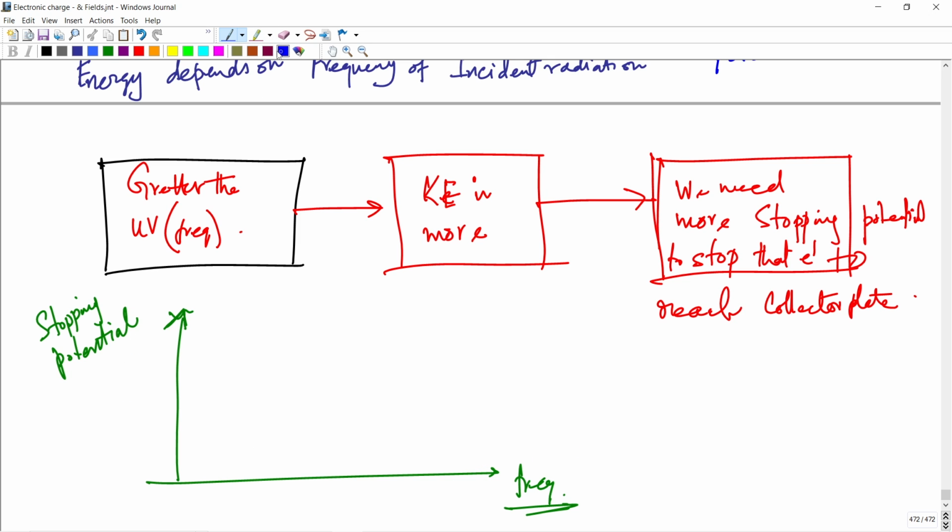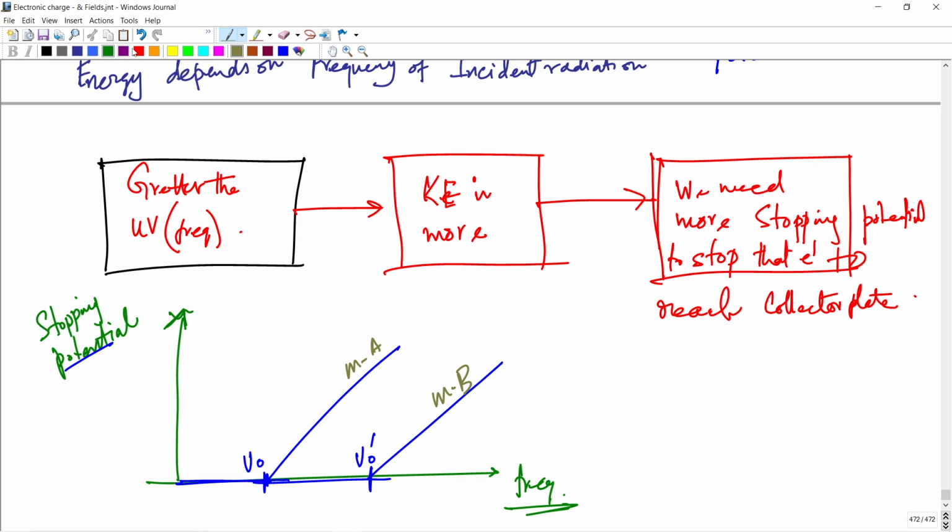Stopping potential versus frequency. Okay, so here the two lines look like that. There are two stopping potentials here, suppose V naught and V naught dash, and there are two metals here, metal A and metal B.